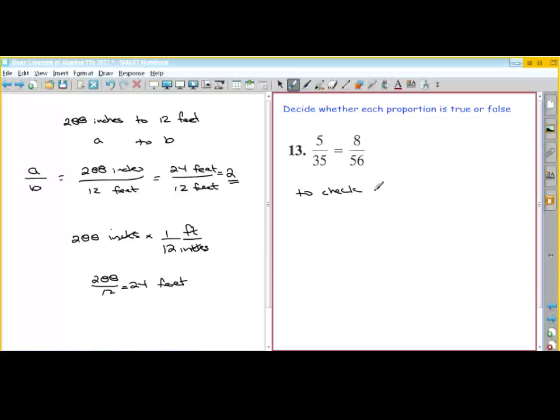So we'll say, to check whether a proportion is true, cross multiply.